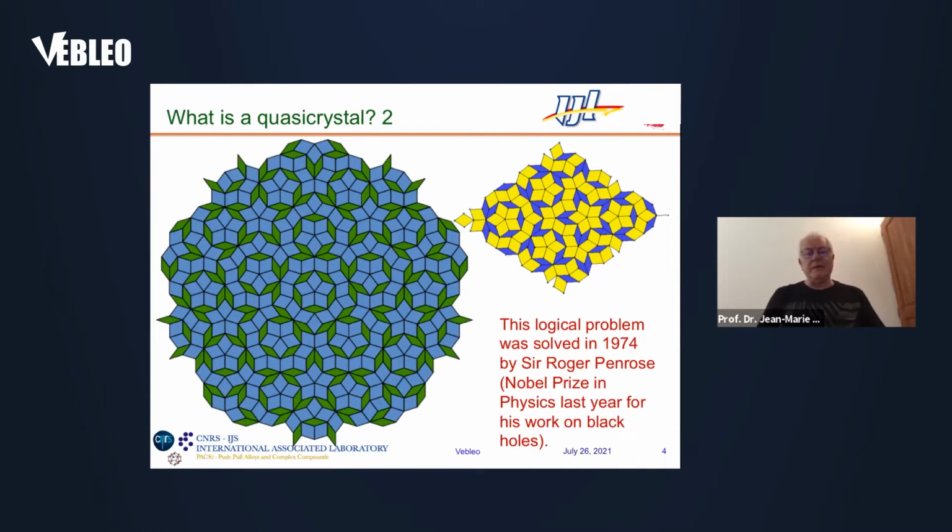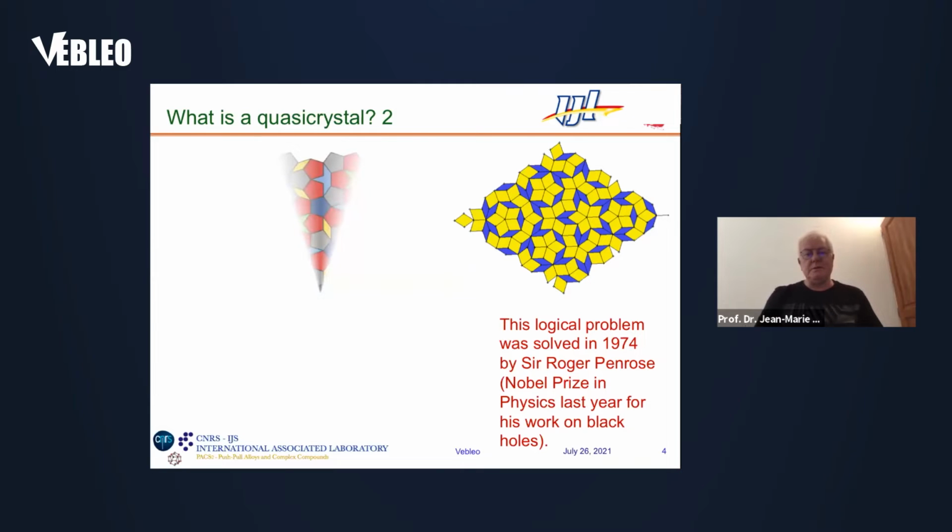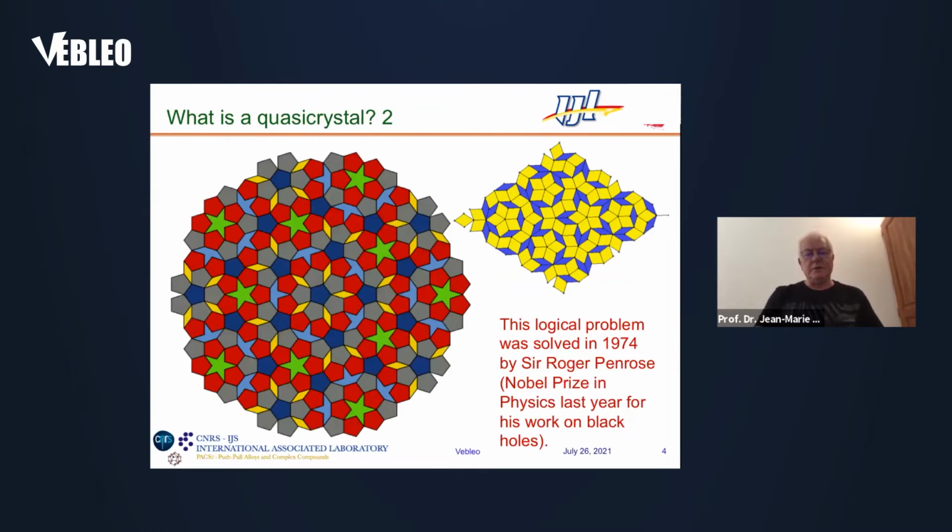They all have this so-called forbidden five-fold symmetry, which you cannot find in two-dimensional tilings, and the equivalent in three dimensions, which is the icosahedral symmetry. This is another example of a five-fold tiling derived from Penrose tiling.